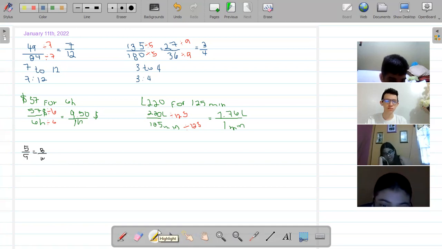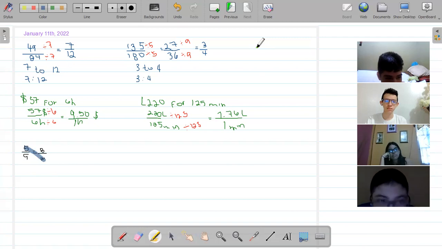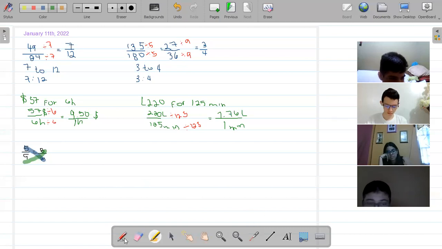We're going to multiply the extremes and we're going to multiply the means. We're going to multiply this part and also this part. And that is called the cross product.